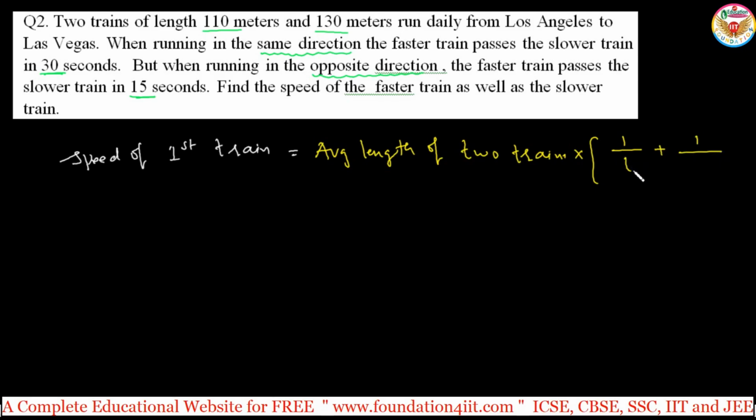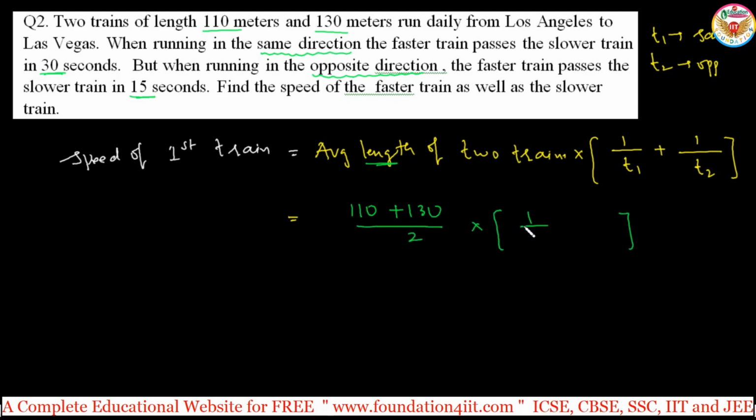I'm taking T1 and T2, where T1 is the time in the same direction and T2 is the time in the opposite direction. Remember that. For the average length of the two trains, one is 110 and one is 130, so 110 plus 130 divided by 2. This is the average, and 1 by T1 and T2. So one is 30.